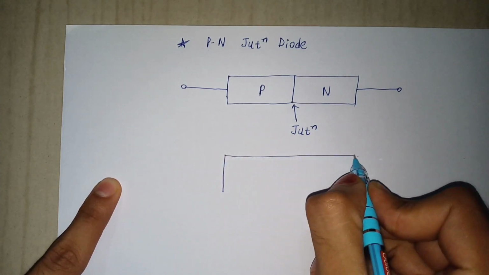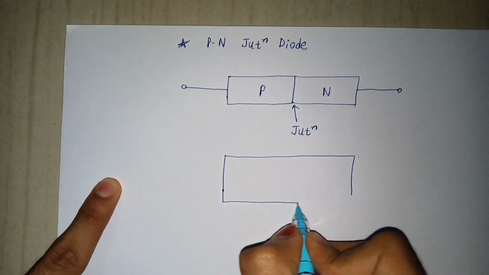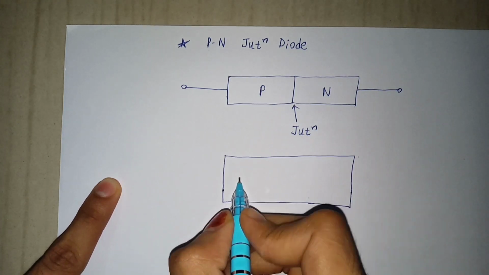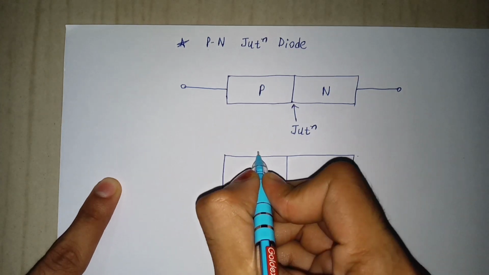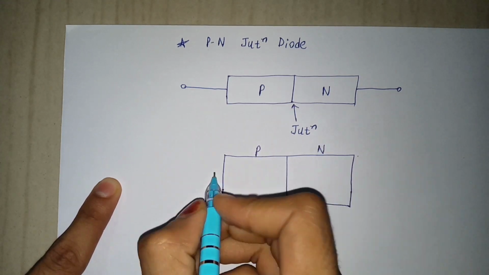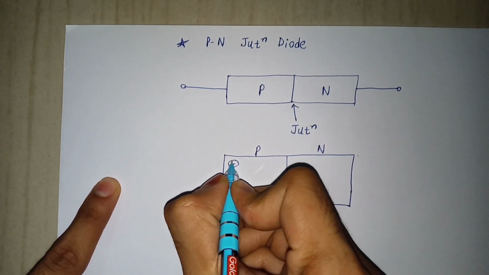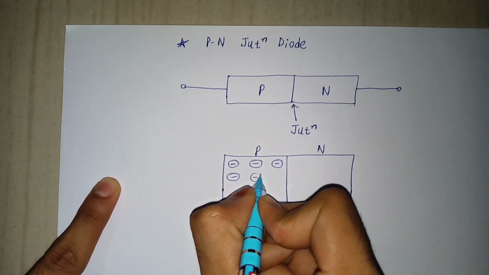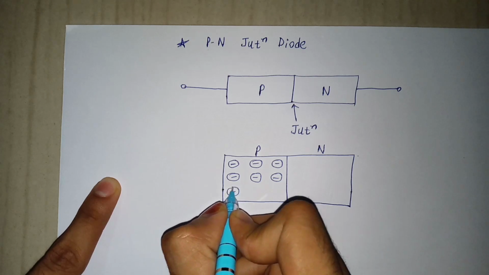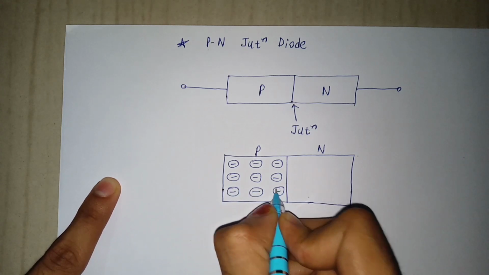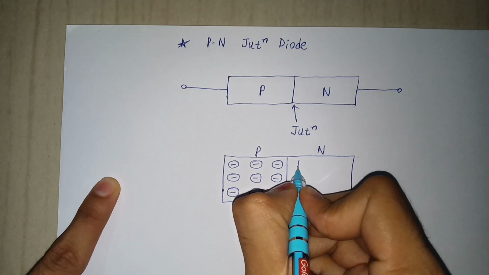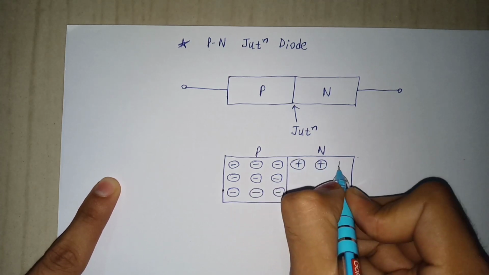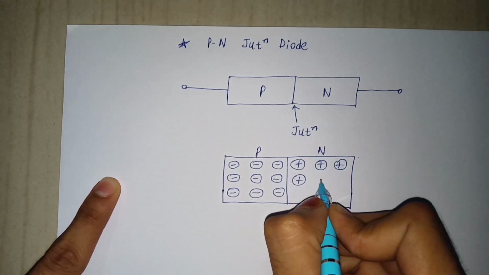As we know all the basics about the PN junction, this is p-type material and this is n-type material. P-type material contains electrons as minority charge carriers, as I am showing, and n-type material contains holes as minority charge carriers.